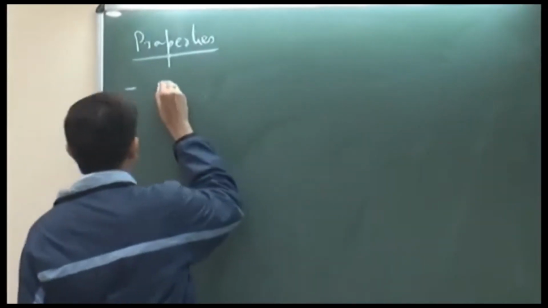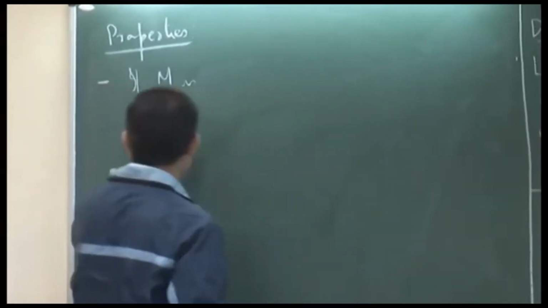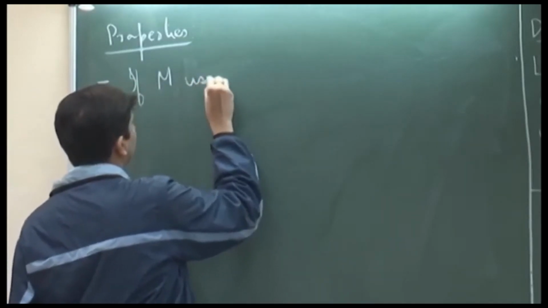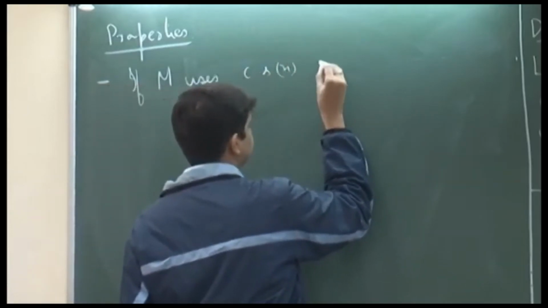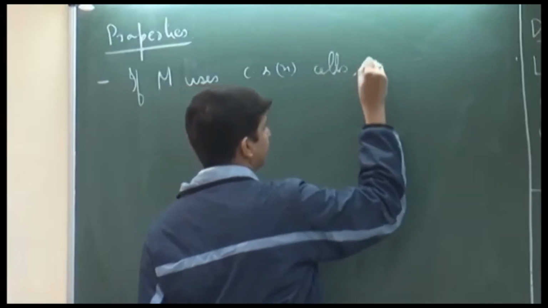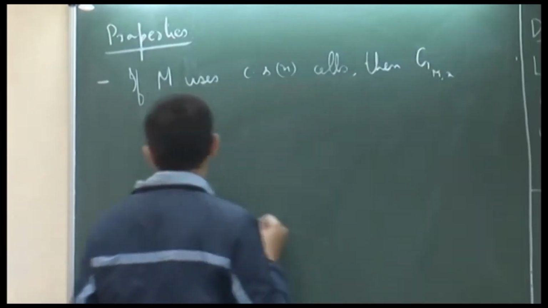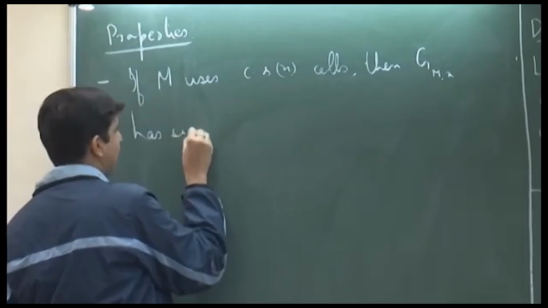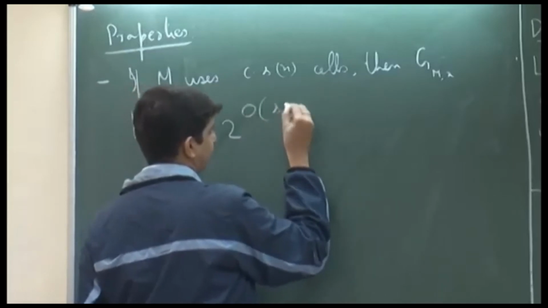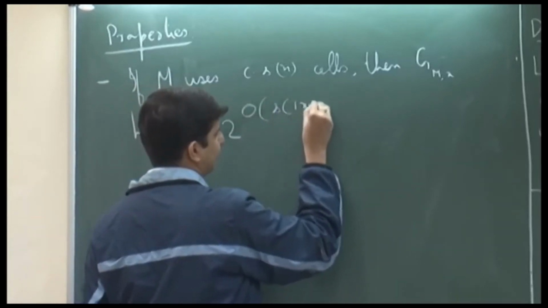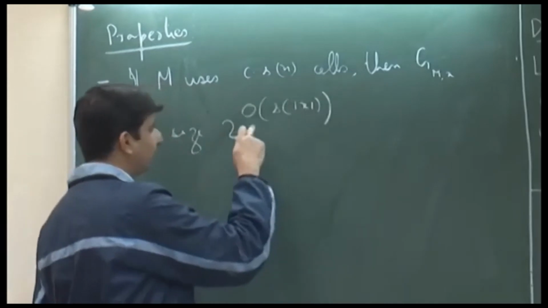If M uses some c times S of n cells, then G M of x has size 2 raised to the power order of S of x, where the constant in this big O term is determined by various things.